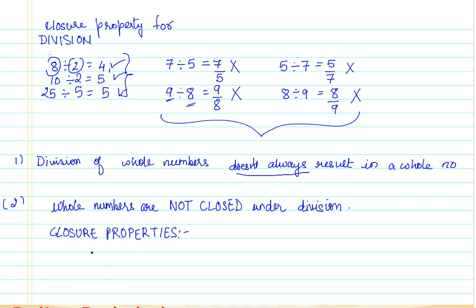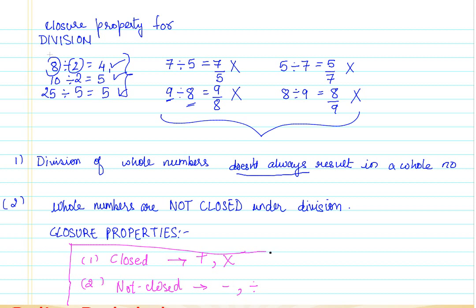So we can conclude that whole numbers are closed for addition and multiplication, and whole numbers are not closed for subtraction and division. This is an important result which you need to keep in mind.